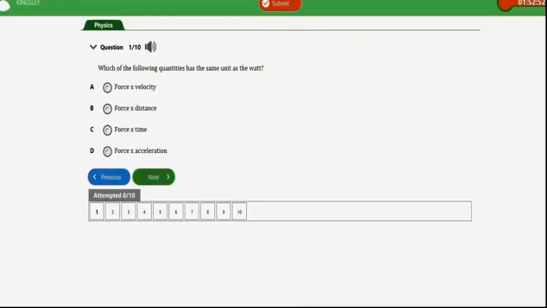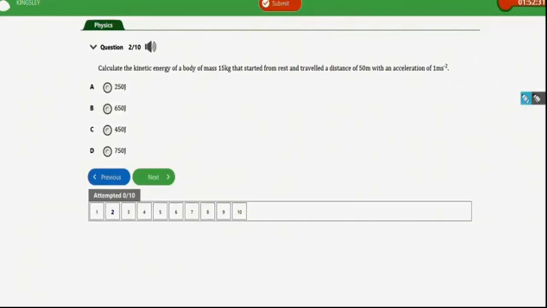Let's go to the next repeated question, which is this one. So it says, calculate the kinetic energy of a body of mass 15 kg that started from rest and traveled a distance of 50 meters with an acceleration of 1 meter per second square.